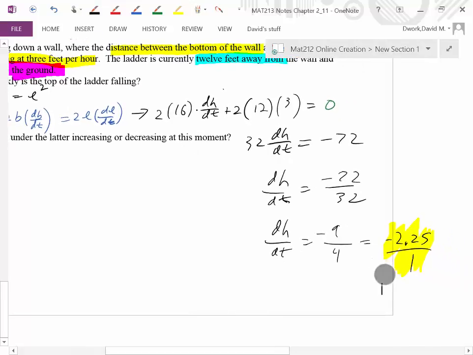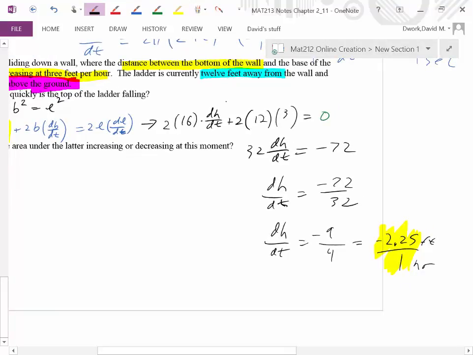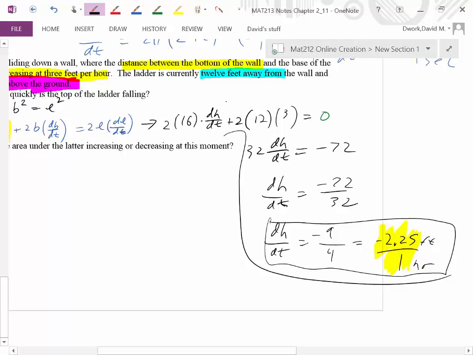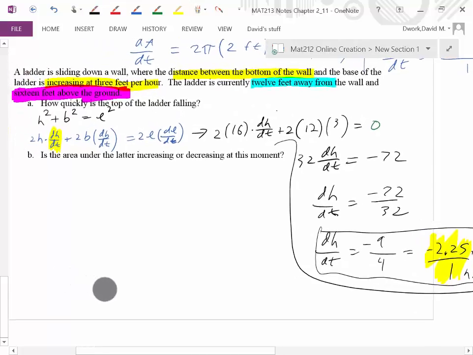So the ladder is going down at 2.25 feet per 1 hour. So it's falling at a rate of 2.25 feet per hour at that moment, because it's an instantaneous rate of change. Now that speed may not be constant the entire time, but just at this individual moment that we're talking about, we know dh dt, the change in height with respect to time, is decreasing at a rate of 2.25 feet per hour.